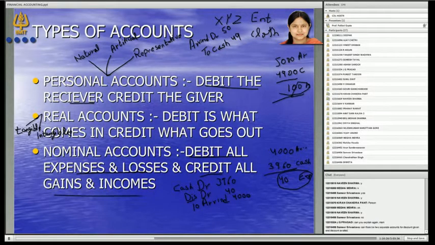Credit all gains and incomes, to discount. This is discount received, and earlier it was discount allowed. Yes, we will have two accounts only; we need to have two accounts mandatorily. Is it clear now?